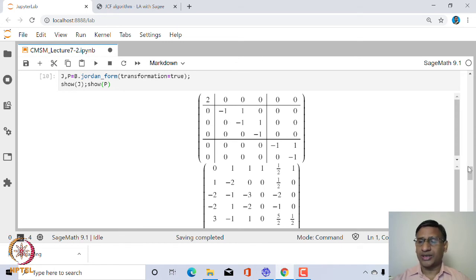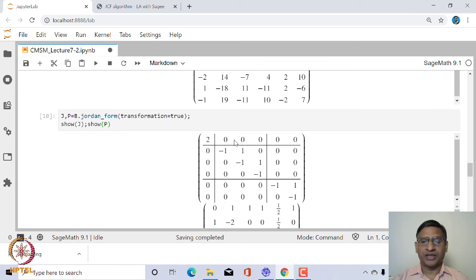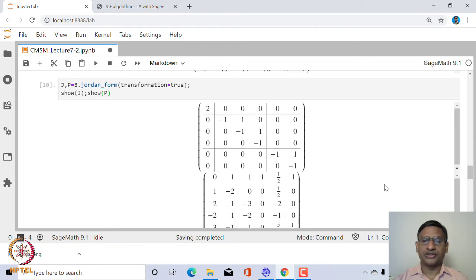Okay, and you can check that in this case the characteristic polynomial of this matrix is going to be (x minus 2) into (x plus 1) to the power 5. So it has only 2 eigenvalues, namely 2 and minus 1.